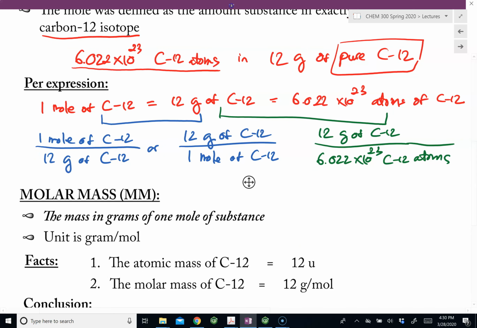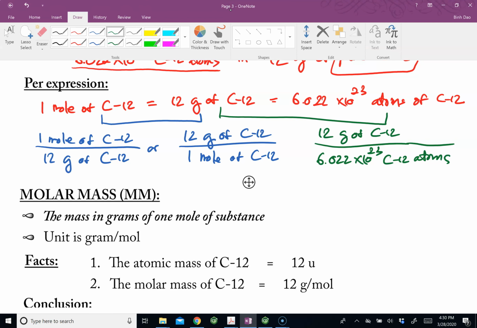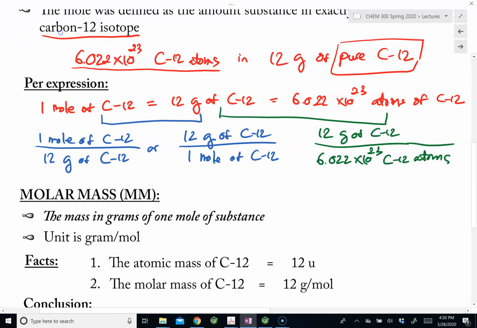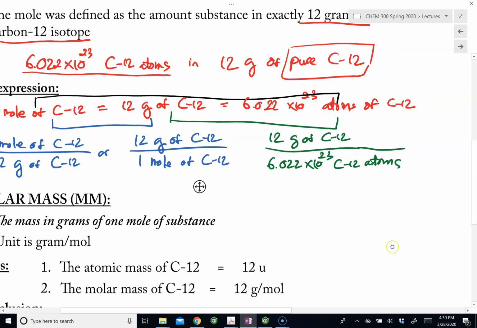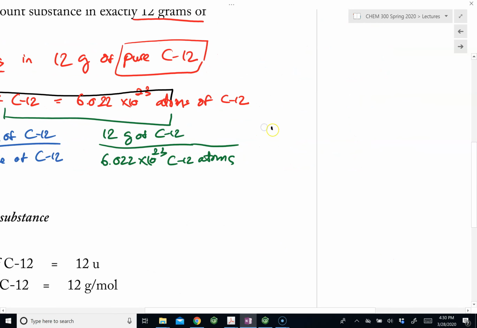And similarly, we can also write the next one. We can take this variable, which is equal to this variable, and in this case we will have 1 mole of carbon-12 over 6.022 times 10 to the 23rd atoms of carbon-12.